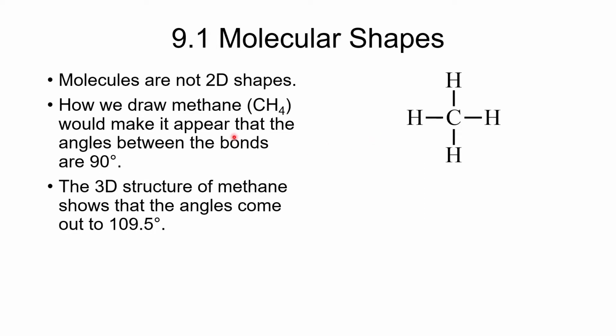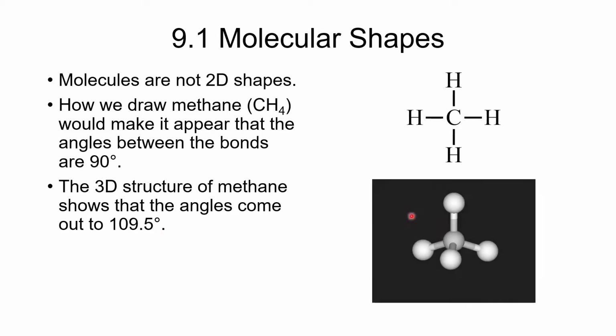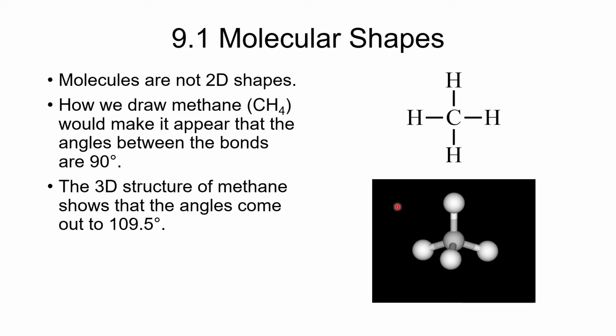The 3D structure of methane shows that the angles come out to about 109.5 degrees. And it looks something like this. We have a carbon atom in the middle and the 4 hydrogen atoms on the perimeter. And if we were to measure the angle, it would be very close to 109.5 degrees.